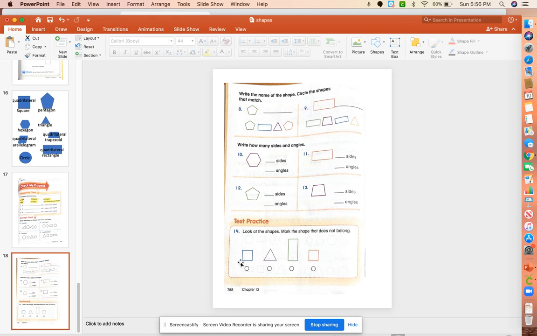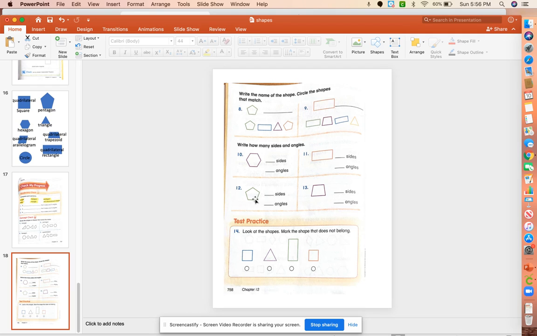Okay, so number 8 says write the name of the shape and circle the shapes that match. So what is this a shape of? And then which one does it match down here? It could be more than one. Same thing for number 9. What is this shape called? And circle the ones that match down here.